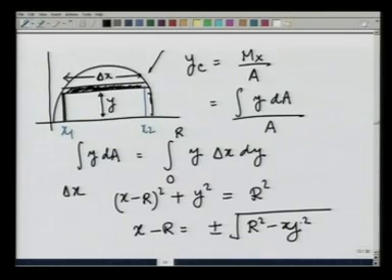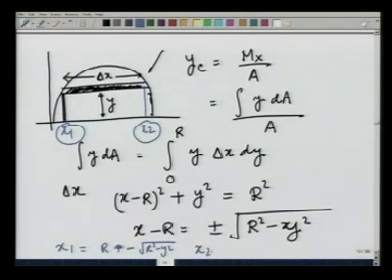I get two values of x, namely x 1, which I have shown here, equals r minus the square root of r square minus y square, and x 2 which I have shown here, which is equal to r plus square root of r square minus y square. And therefore, delta x, again let me make this figure.